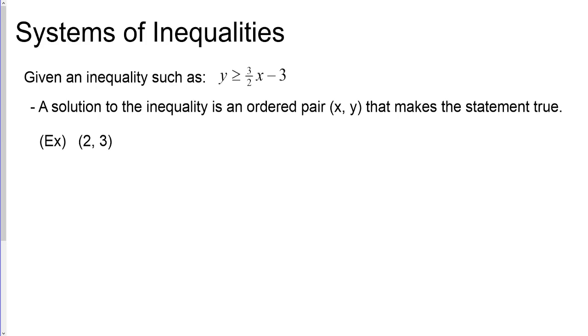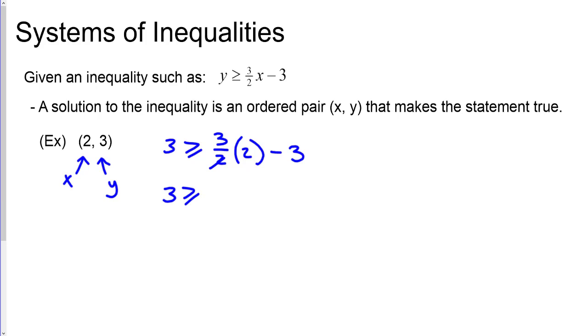My x-coordinate in this point is 2, and my y-coordinate is 3, so when I plug this into my inequality, I have 3 is greater than or equal to 3/2 times 2 minus 3, or 3 is greater than or equal to, these 2's will cancel each other out, leaving me with 3 minus 3, or 3 is greater than or equal to 0, which is a true statement. So therefore, the point (2, 3) is a solution to this inequality.